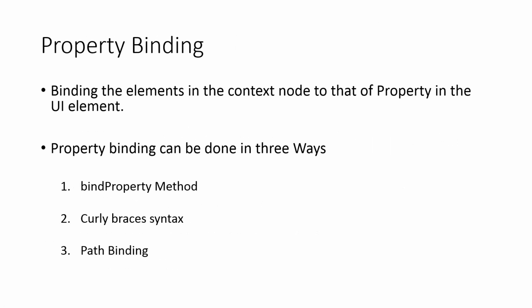So I tell the system that this is going to come from a model that is allocated to this particular control. I specify the value in the form of curly braces, so that my system understands that it is expecting the value from a model. So it will go and look into the corresponding model for this particular attribute name, and whichever one matches, it will take that value and display it over here. That is how the curly braces syntax works.